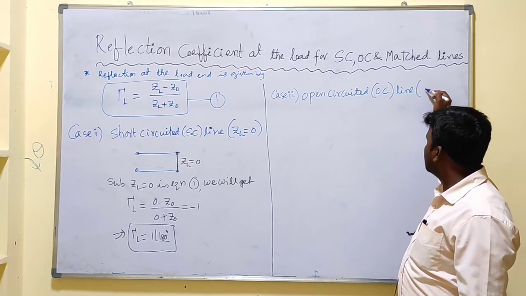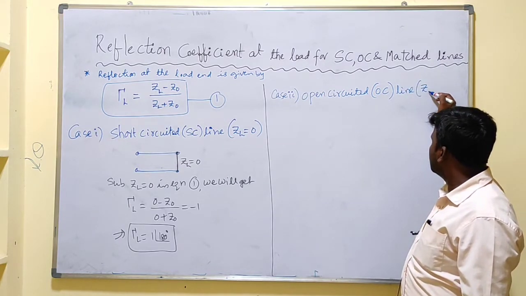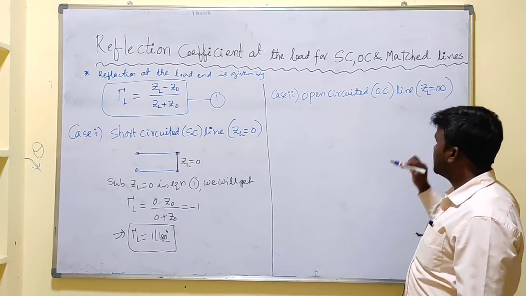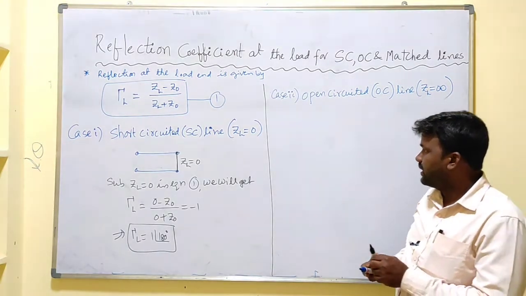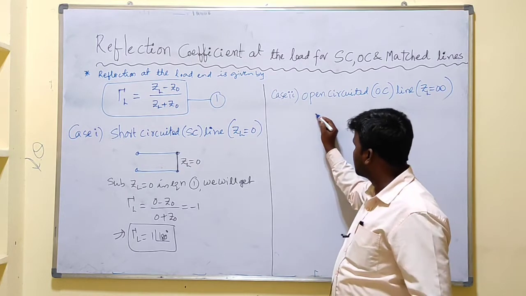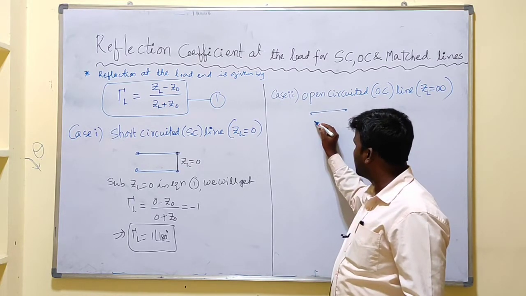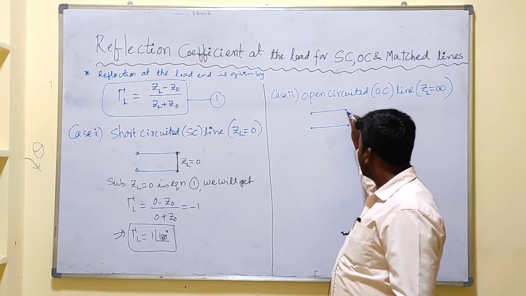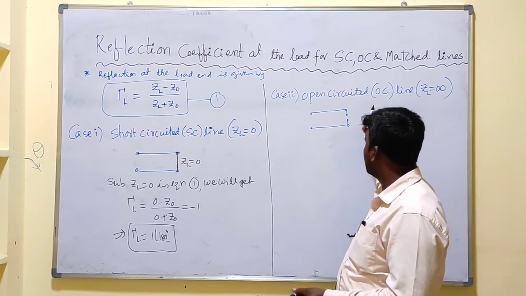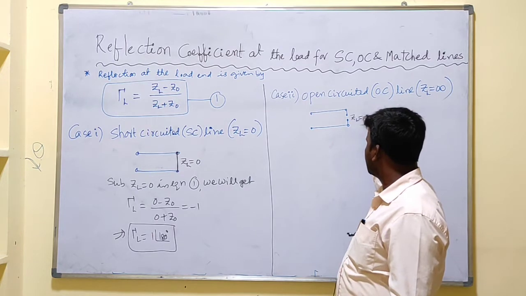In this case the load is terminated with an open circuit, which means the load impedance ZL is infinity. We can draw the diagram like this: this is our transmission line, open circuited at the load end, so ZL is infinity.